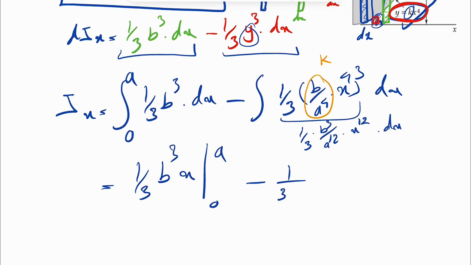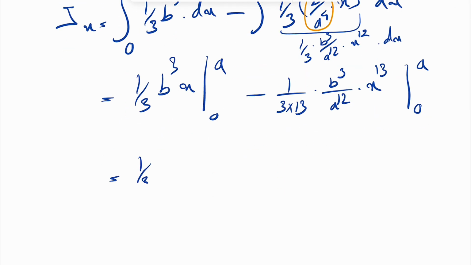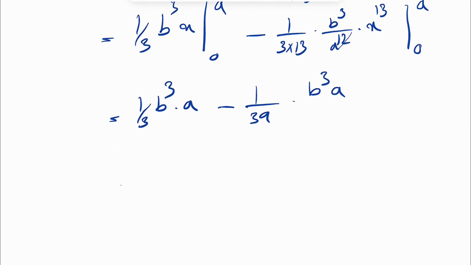So 1 over 13 times 3, times 13, we have b cubed, a to the 12, and here would be x to the power of 13, again from 0 to a. From the first term, we get 1/3 of b cubed times a, and from the second one, if we put a in here, we get a to the 13. It will cancel out with this one, so 1 over 39 b cubed a, and this can be simplified.